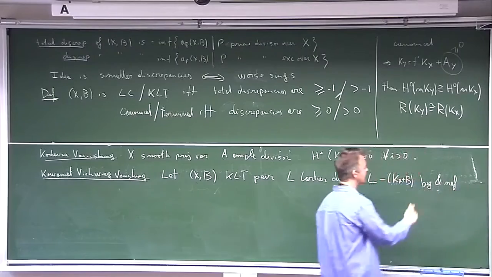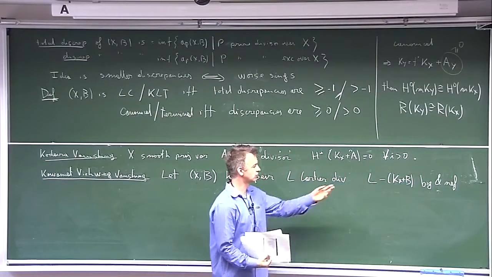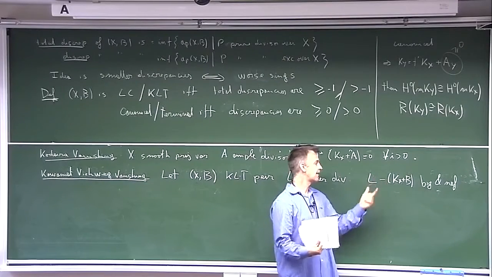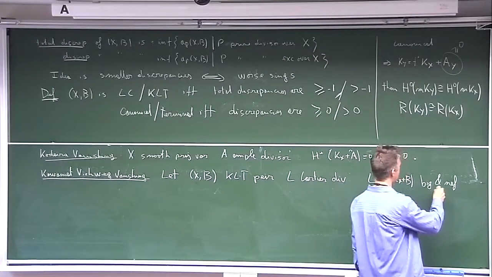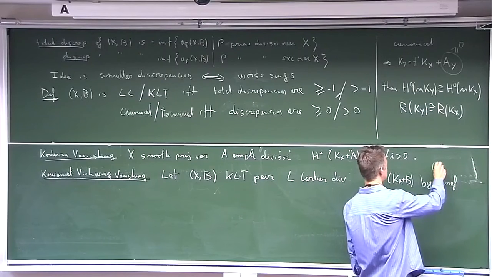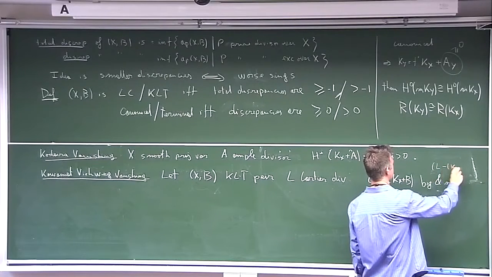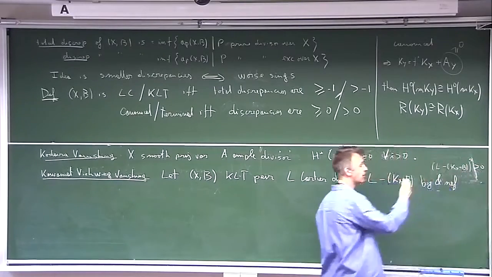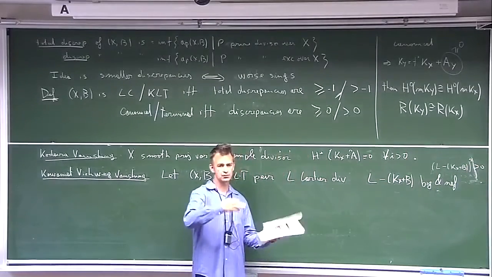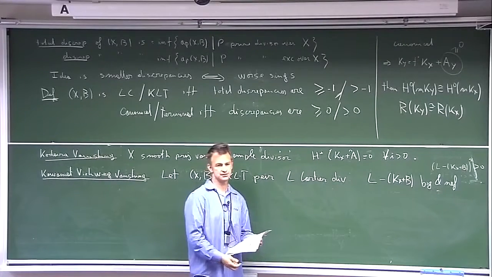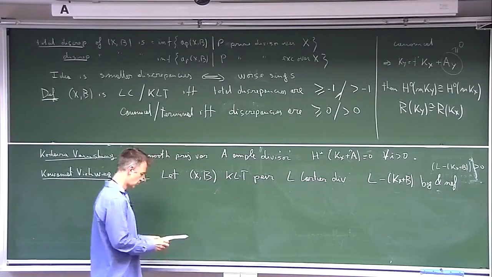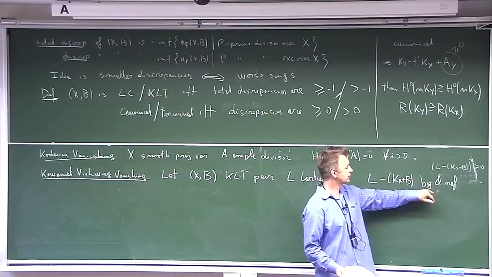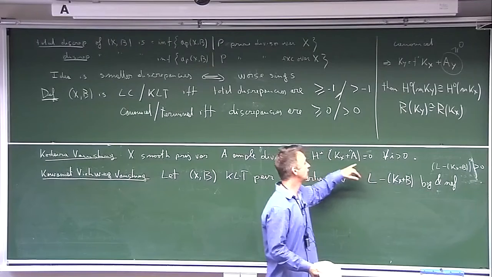I've already defined both of these concepts, but let me remind you: nef means that it intersects any curve non-negatively, and big, you can think of it as just saying that the top self-intersection of L minus (K_X plus B) is positive. It has positive volume. Multiples of that divisor have many, many sections. So you're in this situation. Maybe you should think of this as being a birational version of ampleness.